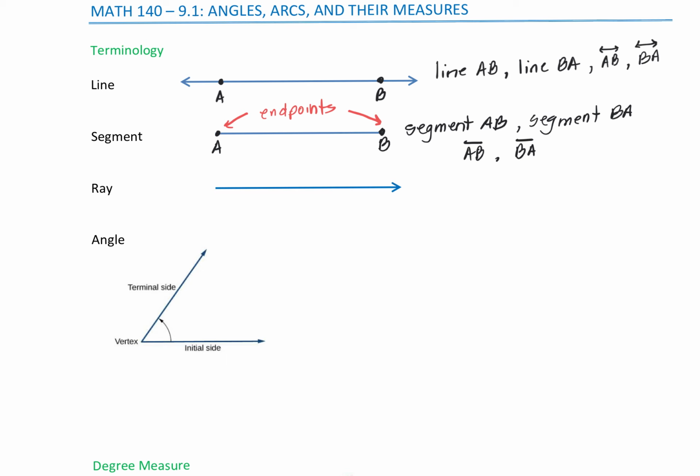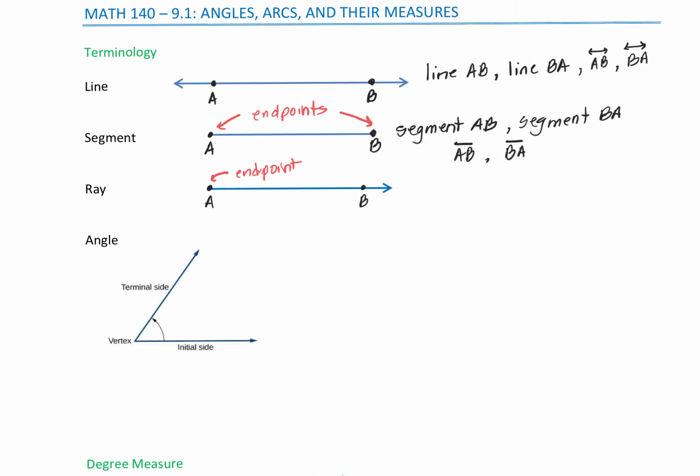And the last one we're going to talk about as far as line segments would be our ray. So a ray has an initial or starting point, and then it's going to pass through another point. So it goes on infinitely in only one direction. Similar to the segment, we have an endpoint, but just one. And then it's going to pass through another point and go on forever.